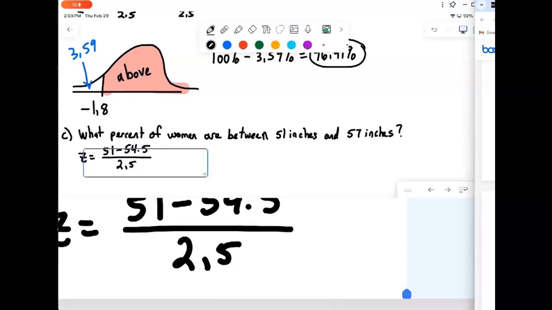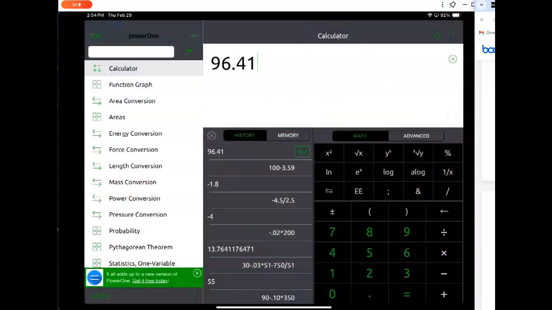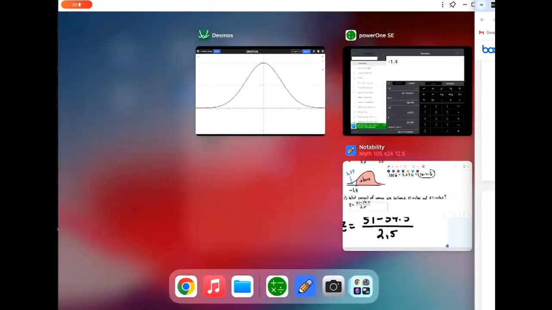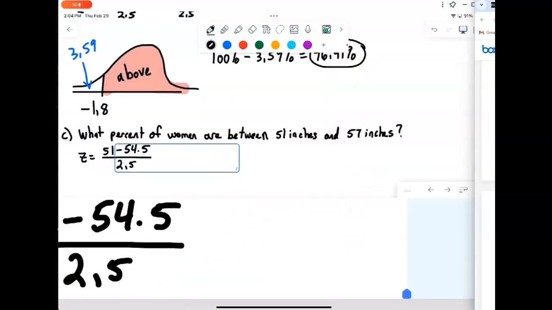Once again, it's just a simple calculator problem. 51 minus 54.5 divided by 2.5, and so we get a z-score of negative 1.4.